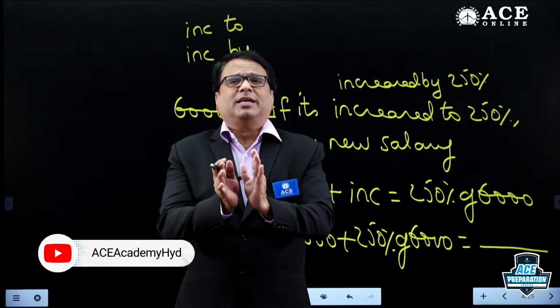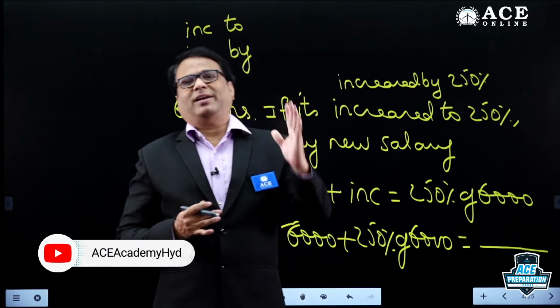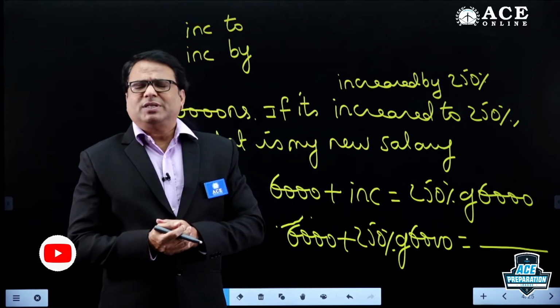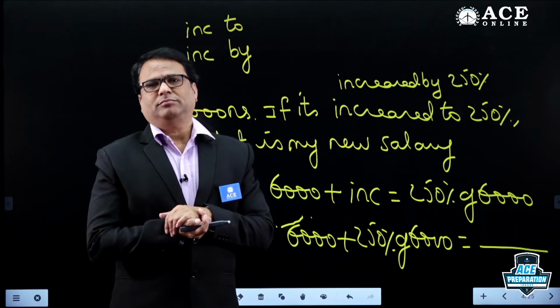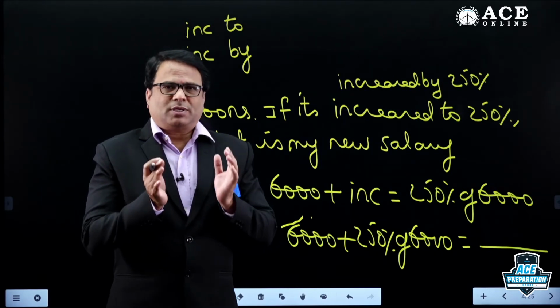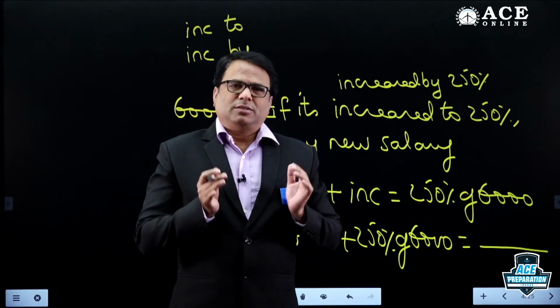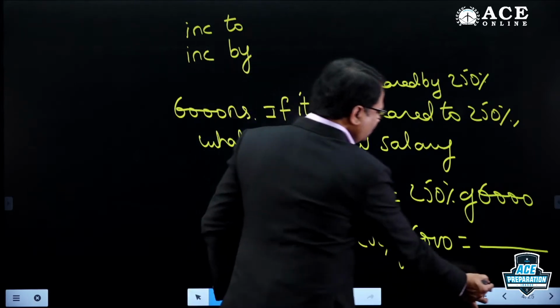If you add that increased part to the original number, only then you will get the final number. These are the basic calculations we need to keep in mind. Now let us solve some questions that have appeared in Staff Selection Commission, SSC CGL.